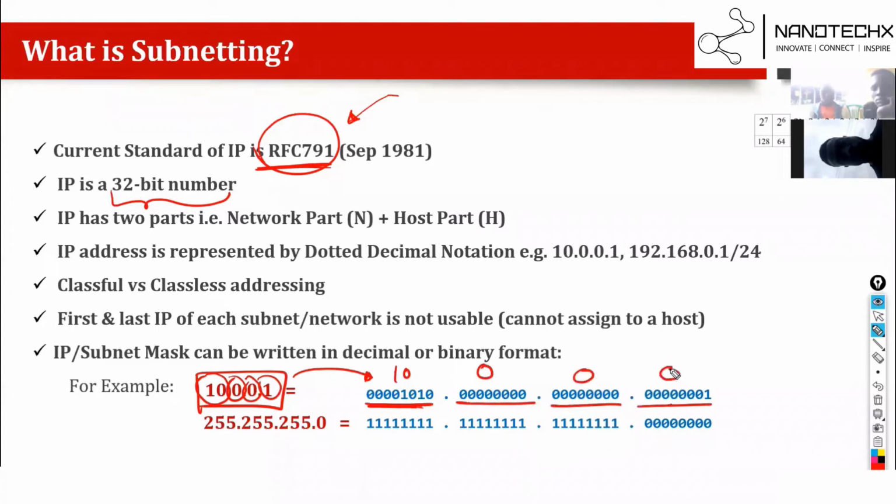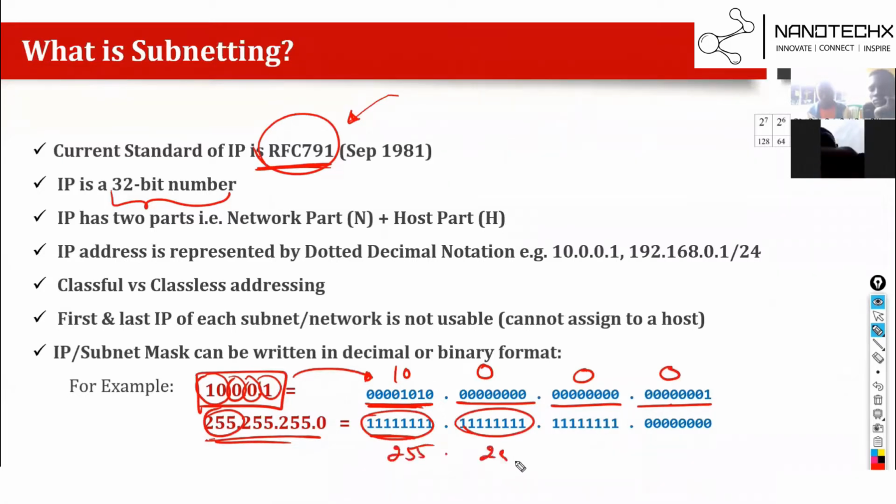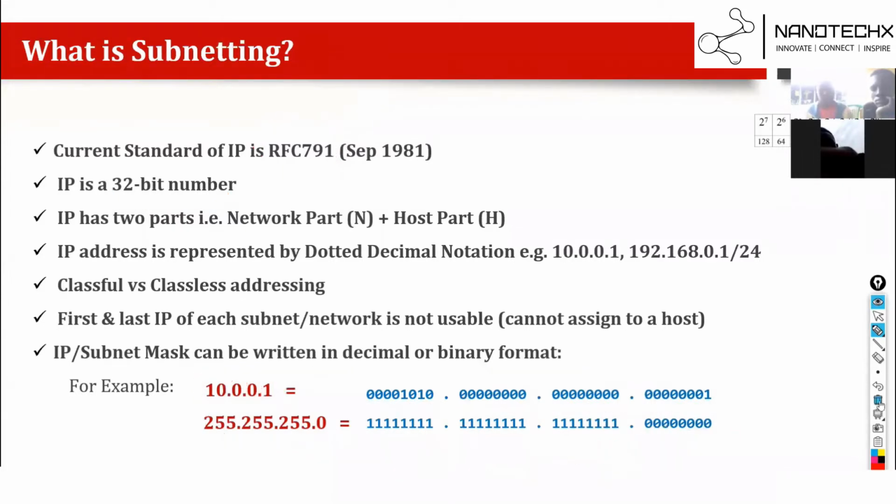So this is how it goes. And then we have the subnet mask, which can also be written in binary. 255, we will just see how to convert it. So what I want to say is we can write them in decimal notation or in binary notation as well. And we need to know how to convert. Yes, this one is 0, typing mistake. This one is 0.